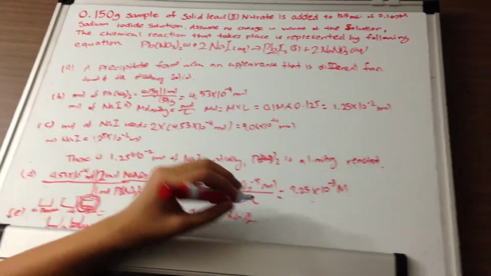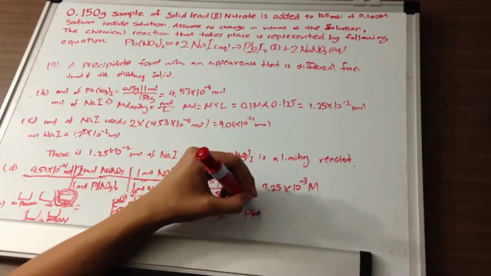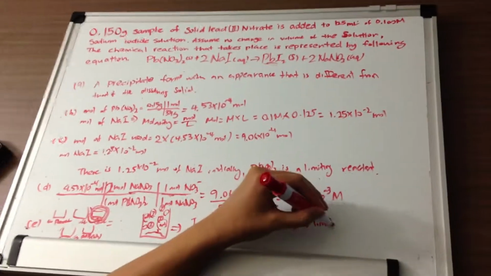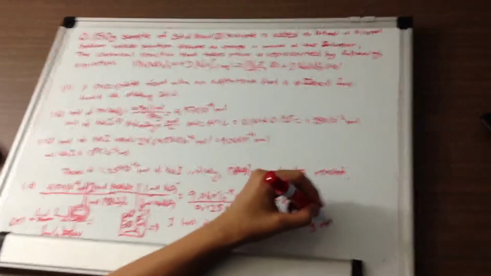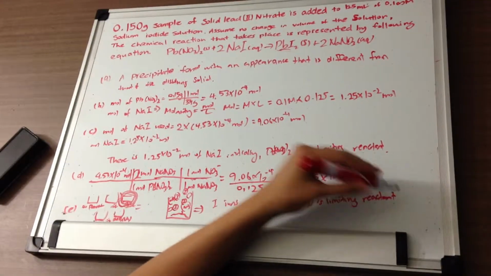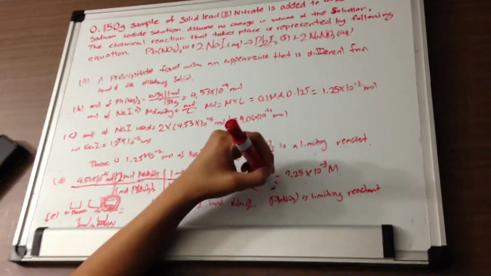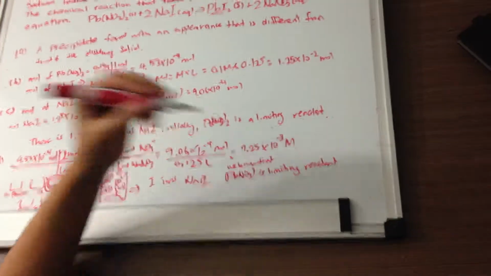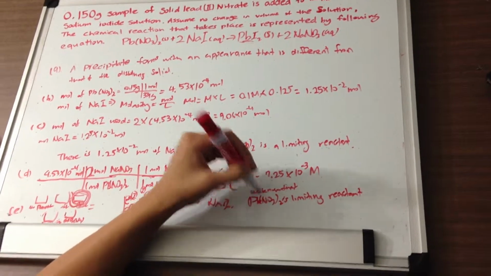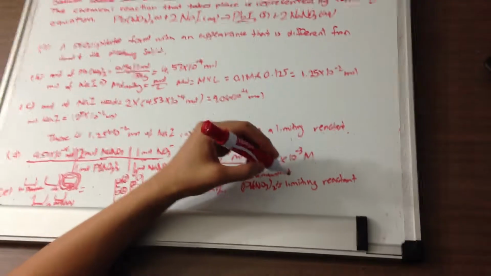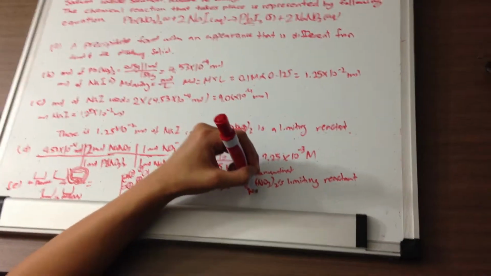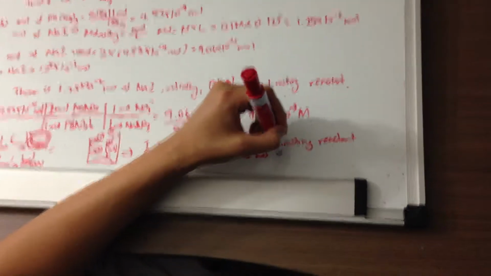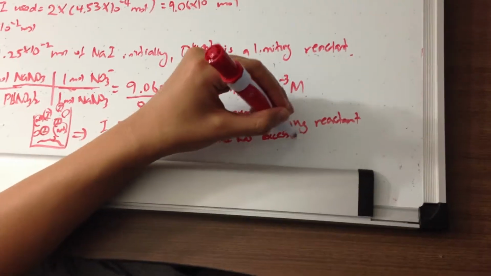I'll just write it. So we know that Pb(NO3)2 is the limiting reactant, and NaI has an excessive amount.